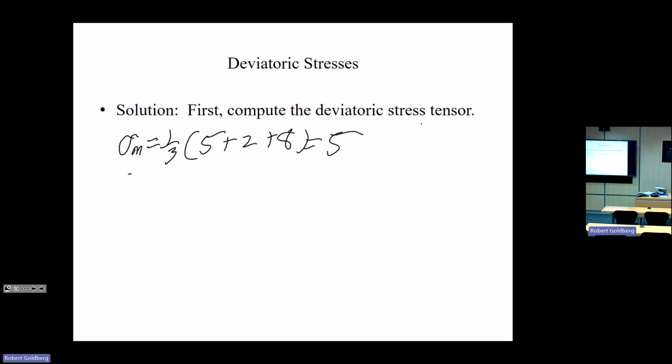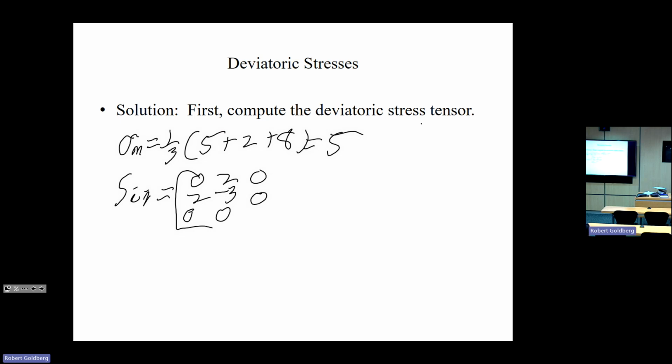And then we have the deviatoric stress tensor. So we have 5 minus 5, which is 0. The shear components don't change. Then we have 2 minus 5, which is equal to -3, 0, and then 0, 0.